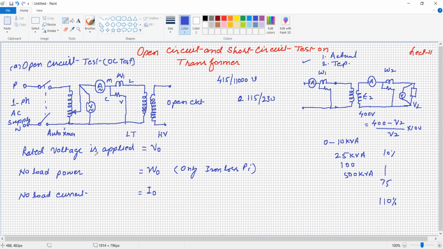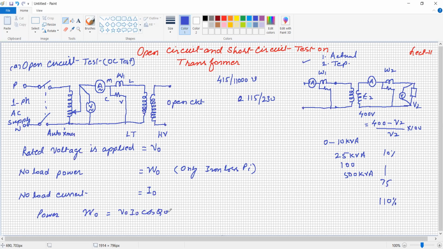This indicates the reading of the voltmeter under the open circuit condition, the open circuit power loss, and the no load current. The no load power W0, as it is a single phase supply, will be V0 I0 cos phi 0.